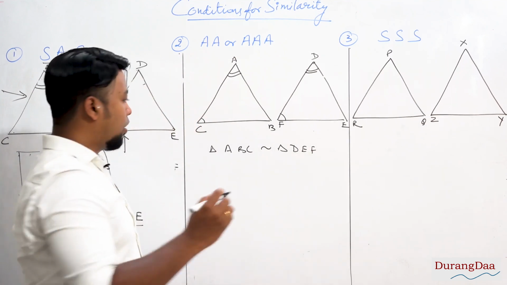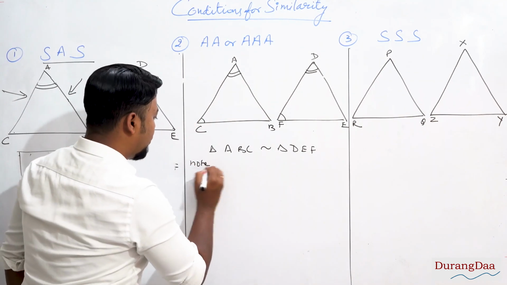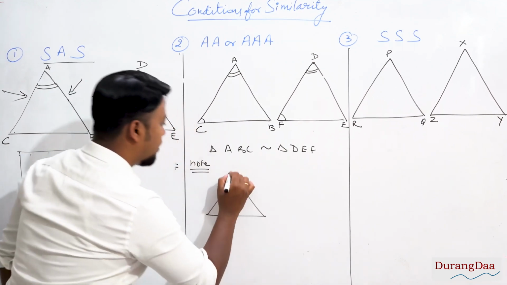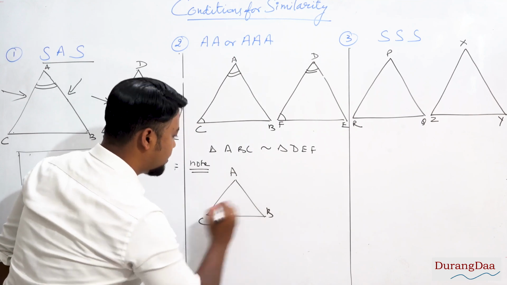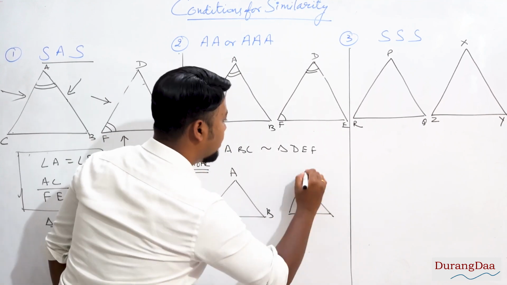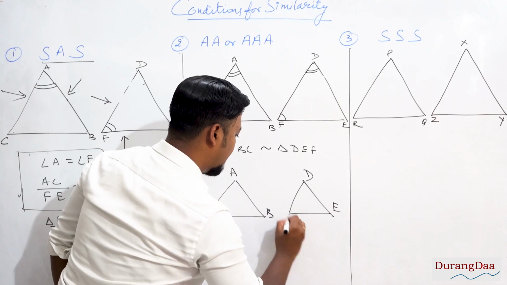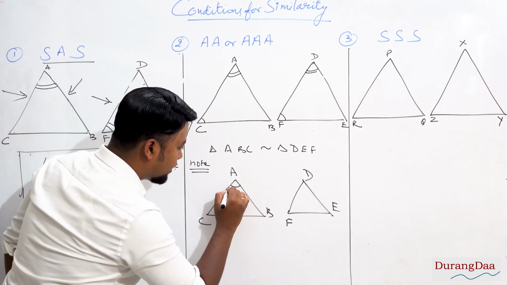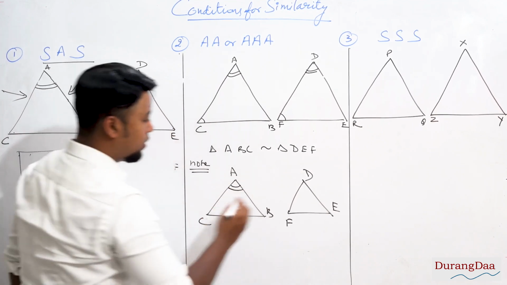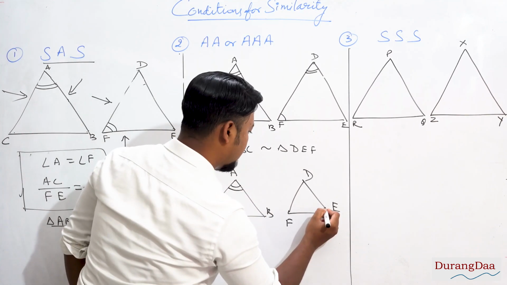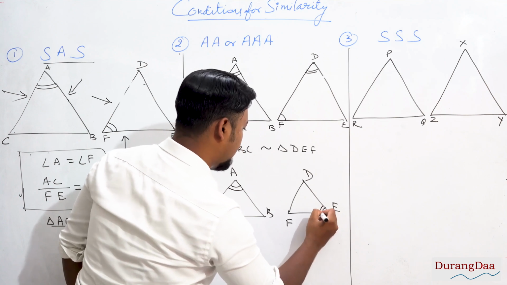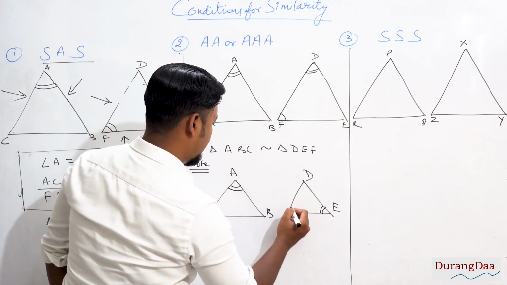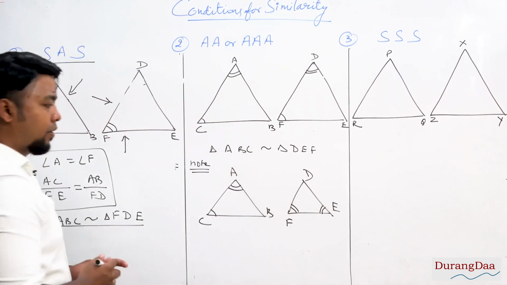Are you getting it? Now keep in mind, to avoid mistakes, if the situation was something like this, triangle ABC and triangle DEF, be careful about this. Many students make mistakes here. Suppose it is given angle A is equal to angle E, and angle C is equal to angle F. Are you getting it?